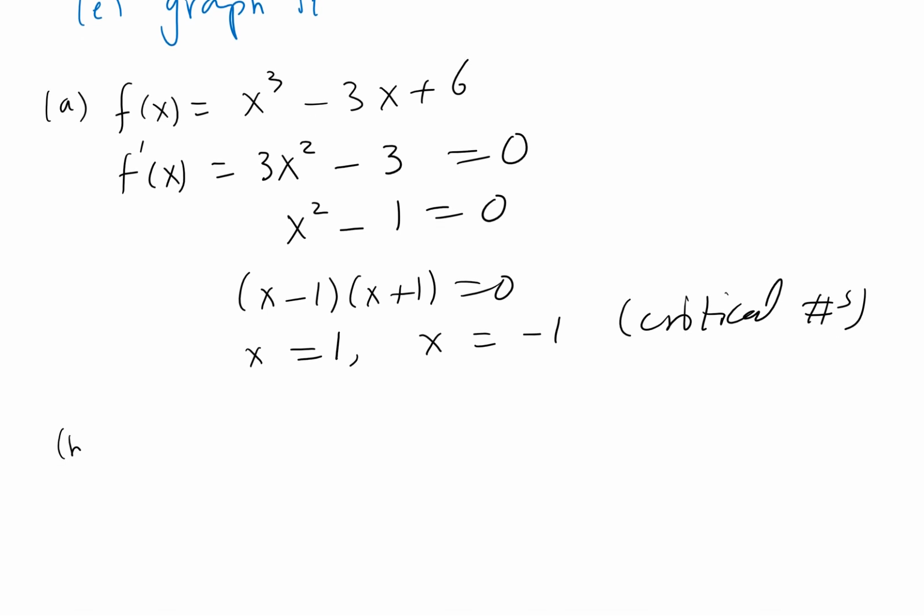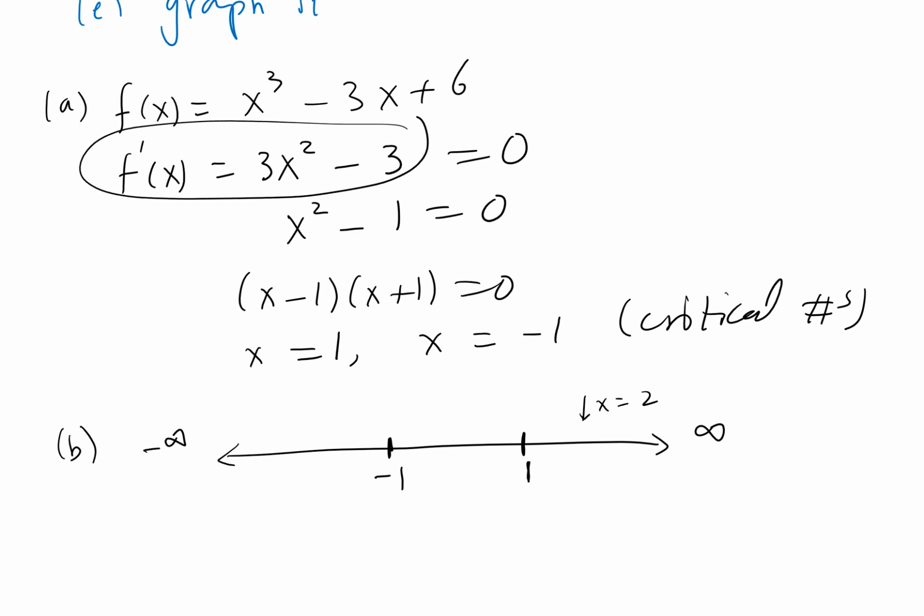For part B, to know when it is increasing and when it is decreasing, put the critical values that we got on the number line. And you can select testing points. Select x equals 2 and substitute into the derivative. This line belongs to f prime, so you must substitute in f prime, not in the original function.